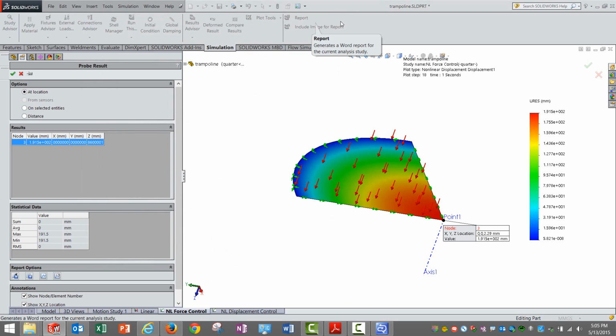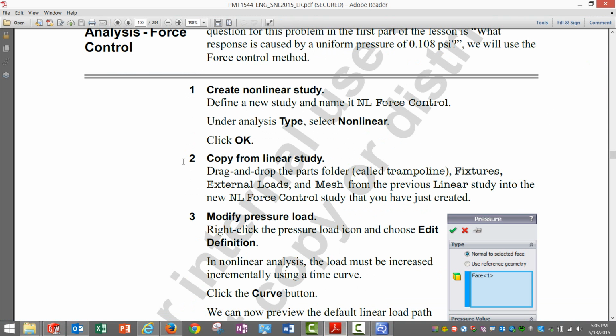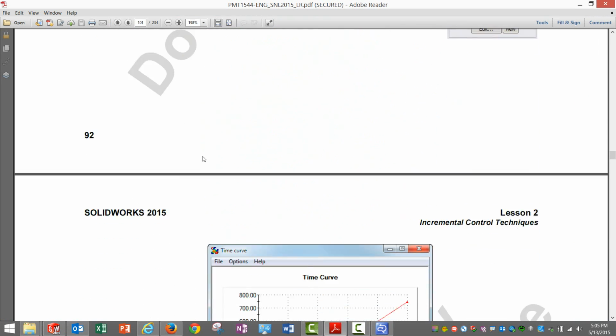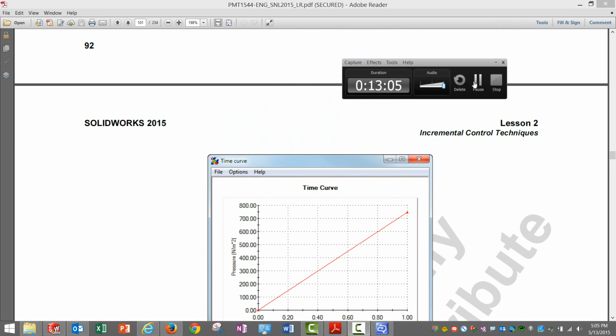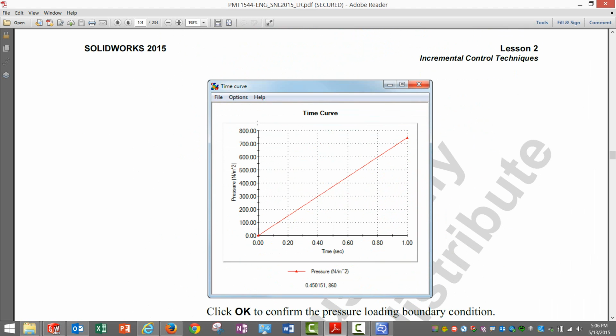Now, of course the option is somewhere here, but I would like to look at some more details in the PDF. Let me check if I missed out on any other important topic. So we copy the linear settings as it is.